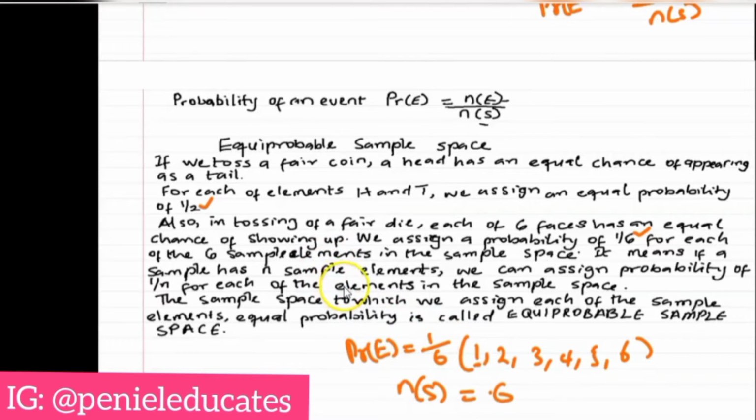It means if a sample space has n sample elements, we can assign the probability of 1/n to each of the elements in the sample space. These are elements in the sample space, which is 1, 2, 3, 4, 5, and 6. The sample space to which we assign each of the sample elements equal probability is called an equiprobable sample space.